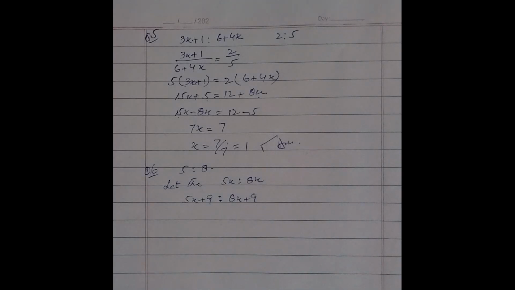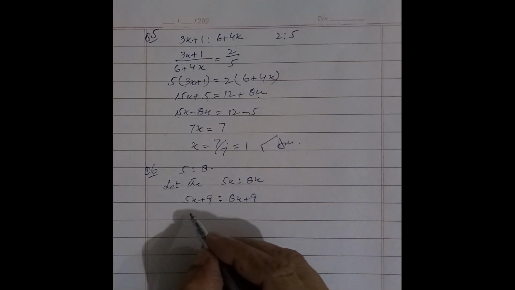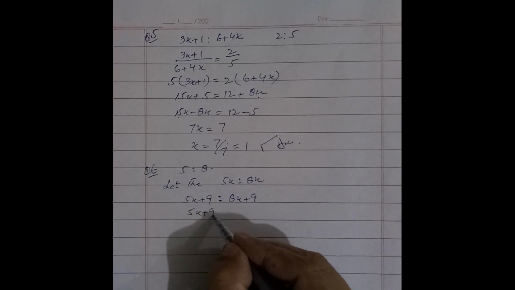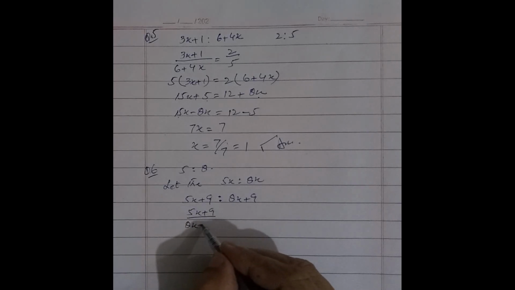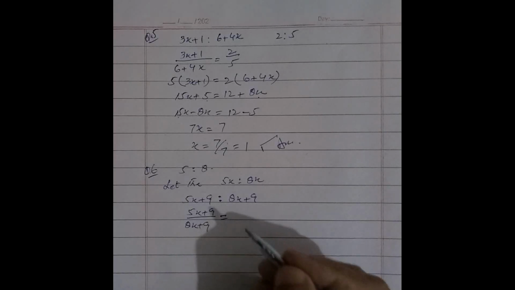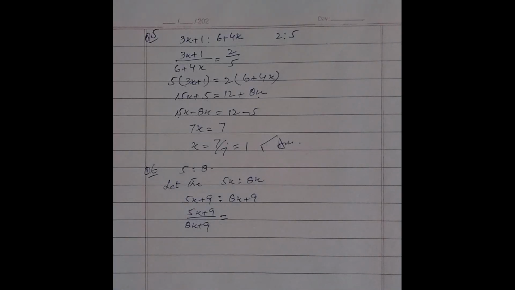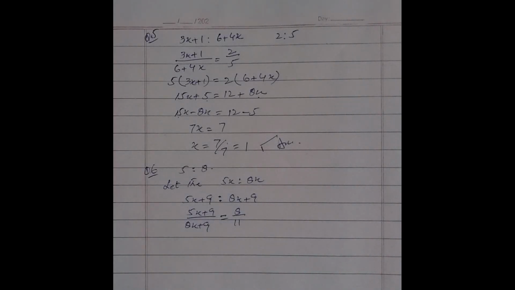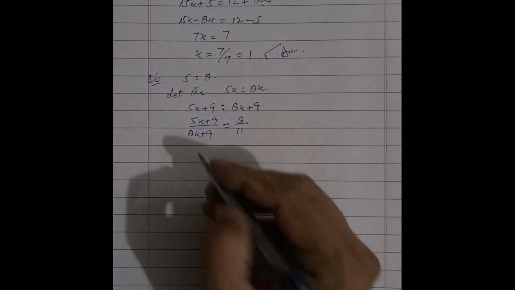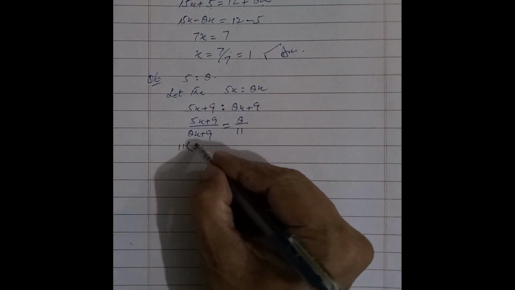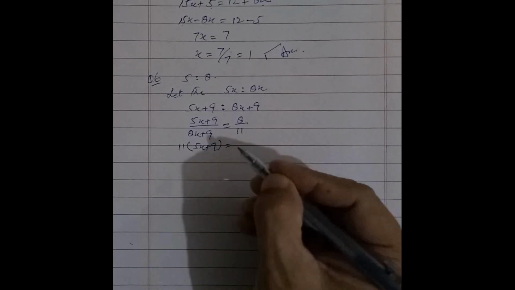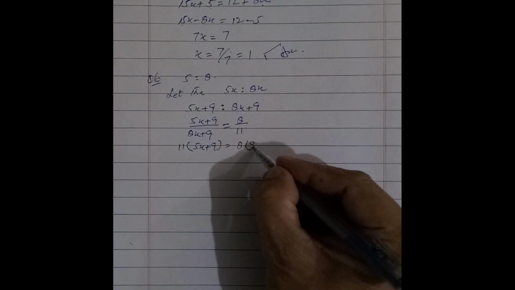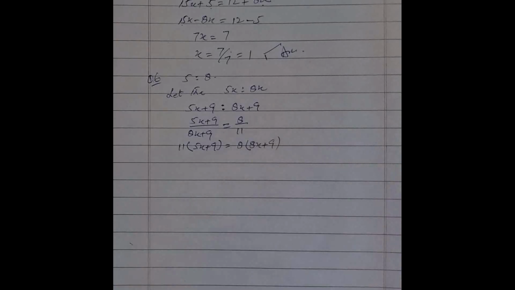and we write them in the fraction form, (5x plus 9) over (8x plus 9). We get the new ratio, which is 8 over 11, and this is same as question 4 and 5, and we cross multiply the values, which is 11 into (5x plus 9) is equal to 8 into (8x plus 9).